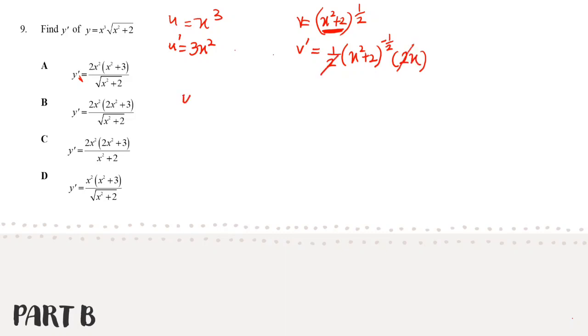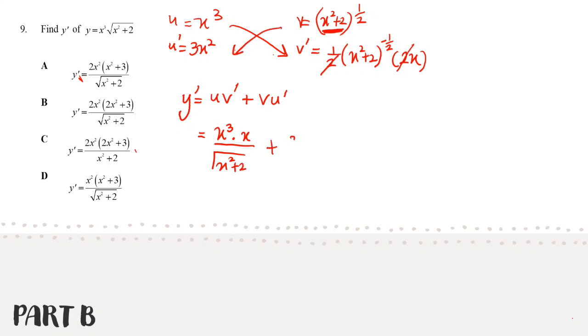Okay, so the next step is to substitute into the formula of the product rule. y prime is equal to u v prime plus v u prime. So u times v prime, we have x cubed times x over the square root of x squared plus 2, plus v times u prime, 3x squared times the square root of x squared plus 2.